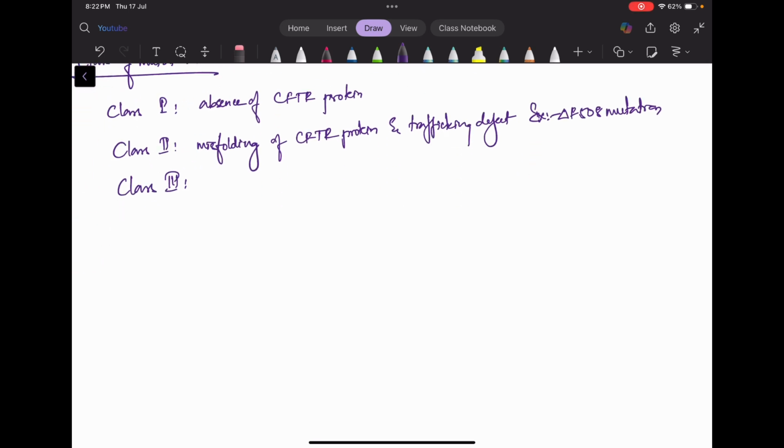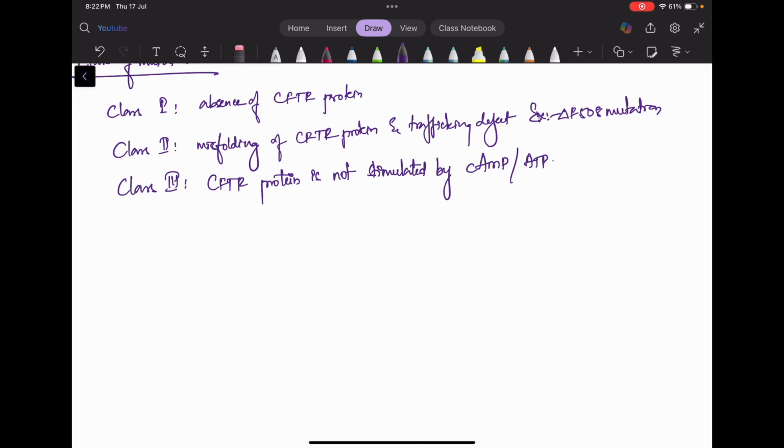Then in class 3, the CFTR protein is not stimulated by cAMP or ATP.